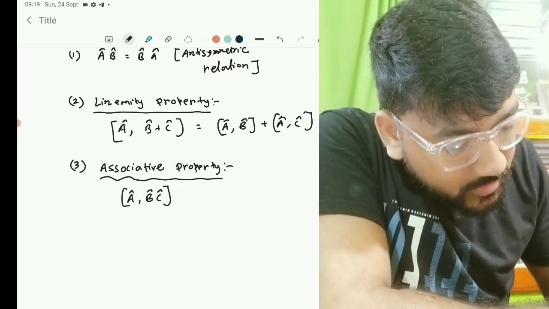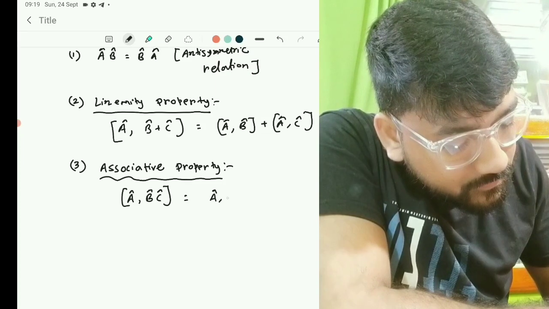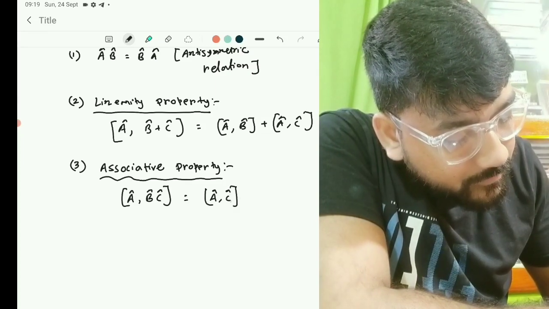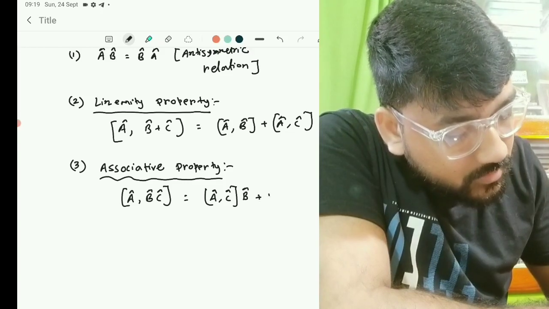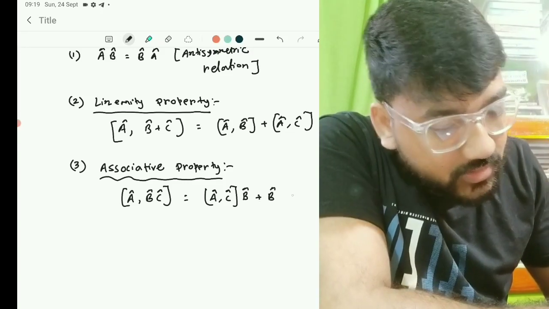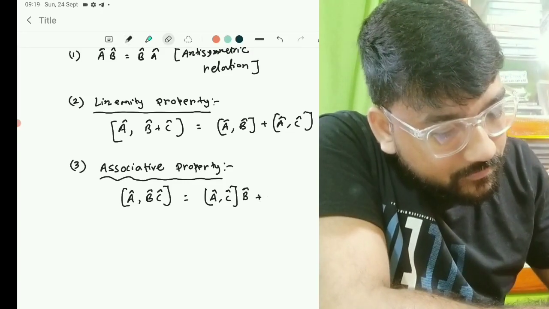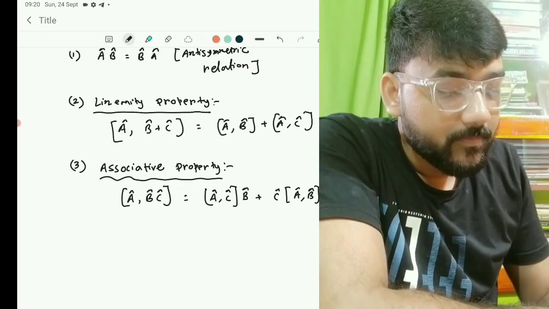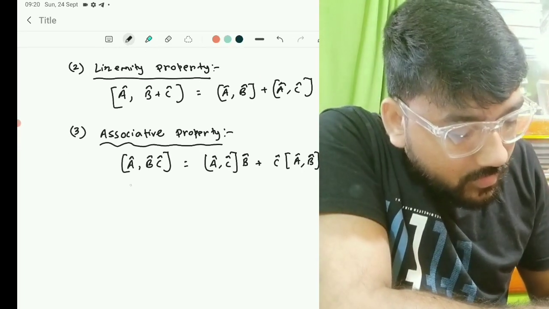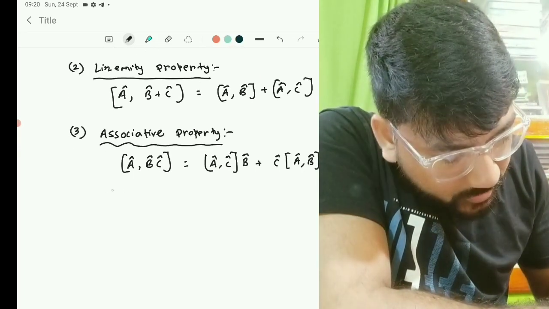So this can be written as [a cap, c cap] first, then b cap, plus b cap [a cap, c cap], and then [a cap, b cap], in this way. But this associative property can be written in this way also.